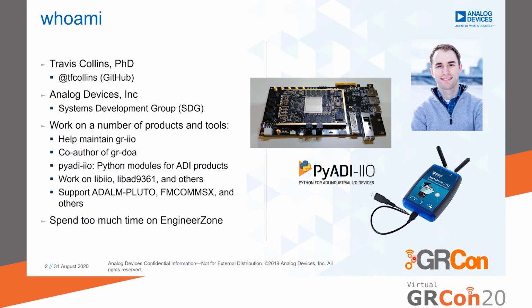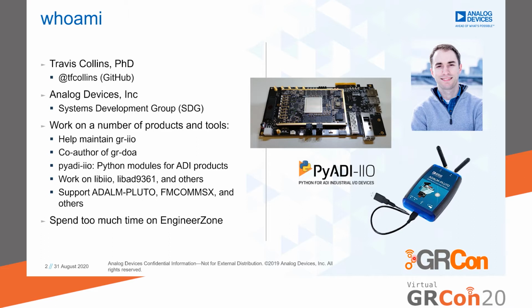Now, just a little background on me. I'm a senior algorithms engineer in the systems development group at Analog Devices. I work on a number of different products. I help maintain gr-iio, which is the out-of-tree module to connect to a number of devices that ADI produces. I work on a number of libraries like libiio, libad9361, a few others. I maintain the Python module pyadi-iio.